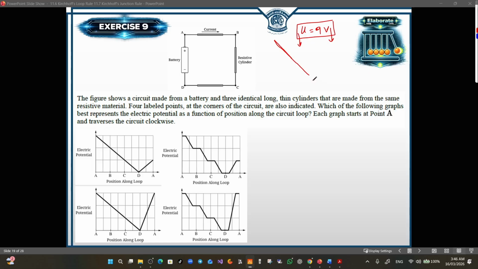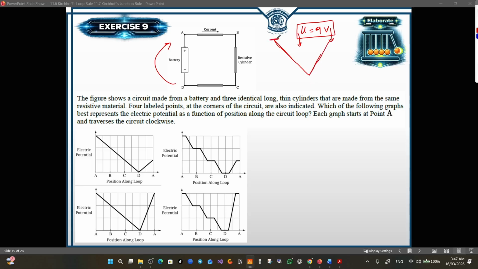Now from D to A, instead of decreasing in potential, since we are passing through the battery, the electric potential will increase, so the graph must rise upward. Because of the conservation of energy, the total rise across the battery must exactly match the total drop across the three resistors.